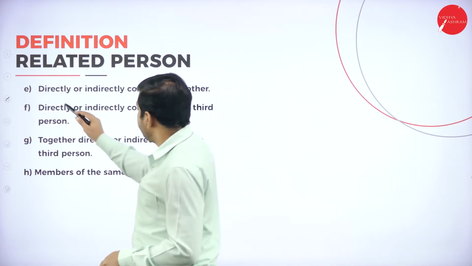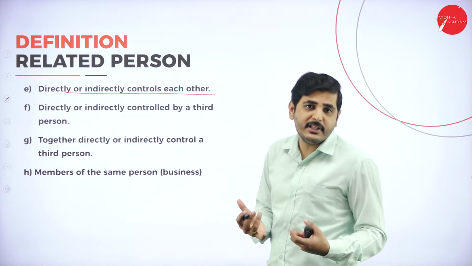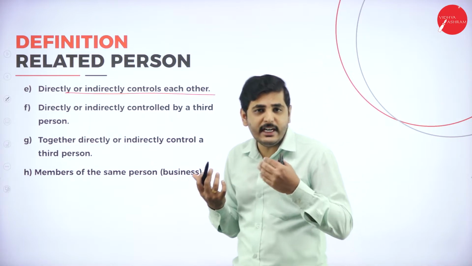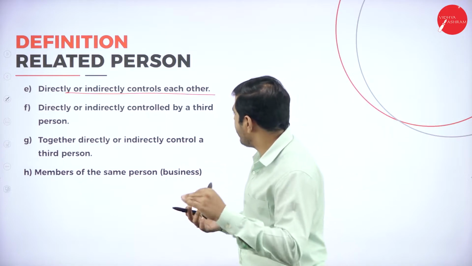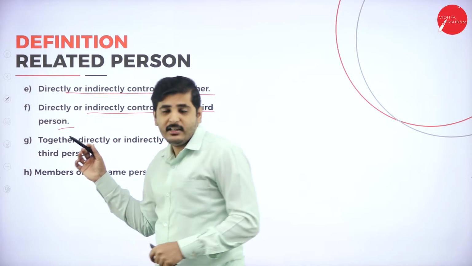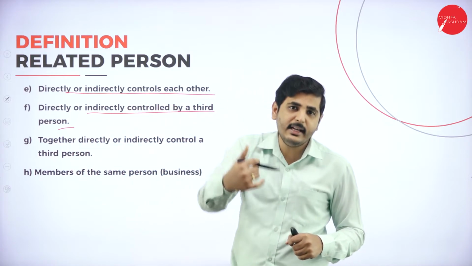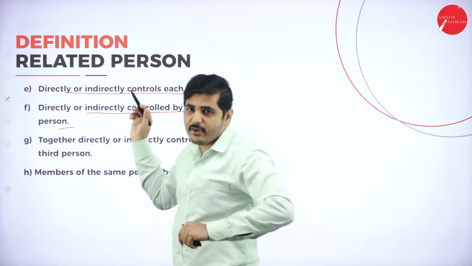Next point, directly or indirectly controls each other. If he controls the business directly or indirectly and we are sending goods to that person, then that transaction will not be considered for value of supply. Directly or indirectly controlled by a third person: if he is influencing indirectly through a third person, then also it will not be considered for value of supply.